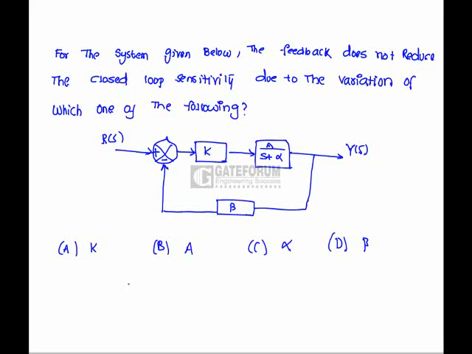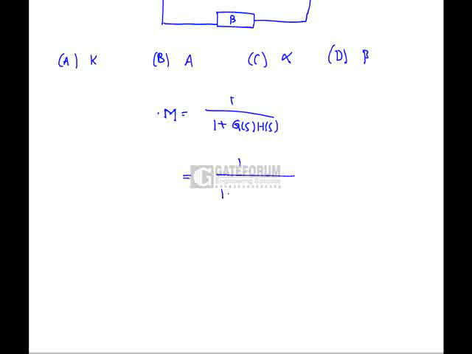In the system given below, the feedback does not reduce the closed loop sensitivity due to the variation of which one of the following. Here we know that the closed loop sensitivity, suppose I indicate it with M, is 1 plus G of S H of S, which is nothing but 1 by Ka by S plus alpha.